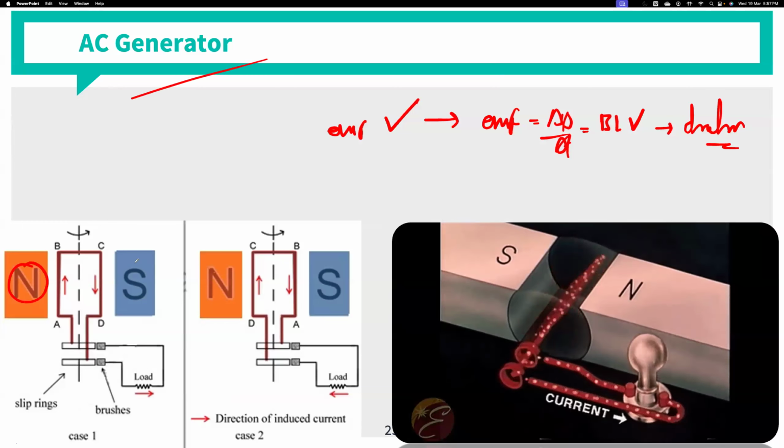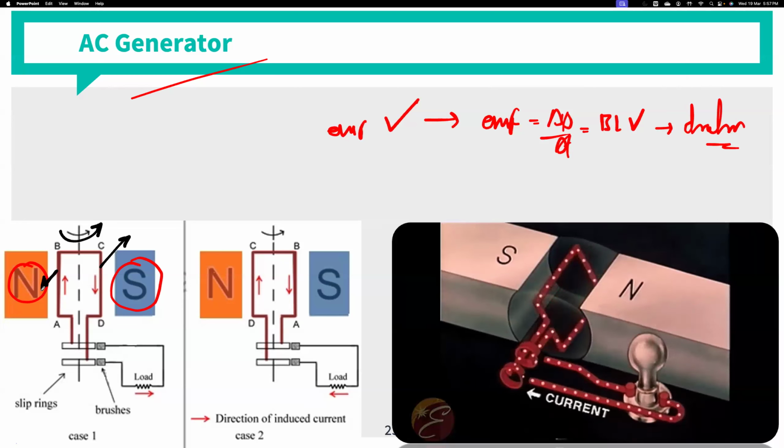So you can see there's a north here and there's a south here. I'm assuming that the coil is moving like this. That means CD is moving into the page and conductor AB is moving out of the page. So we will apply the right hand grip rule on the conductor AB. Since the conductor AB is moving out of the page, your thumb should be pointing towards you.